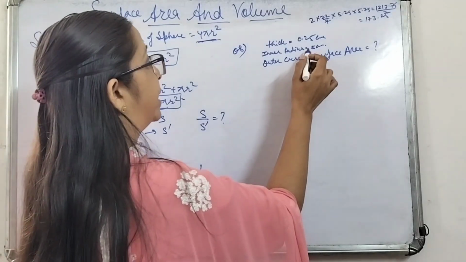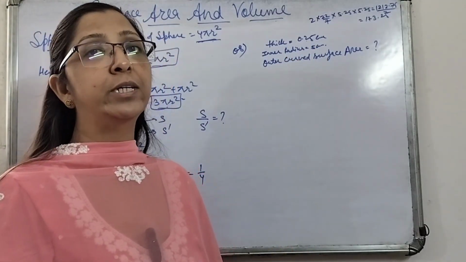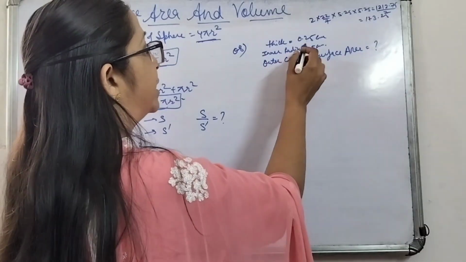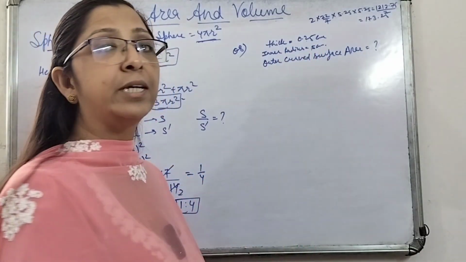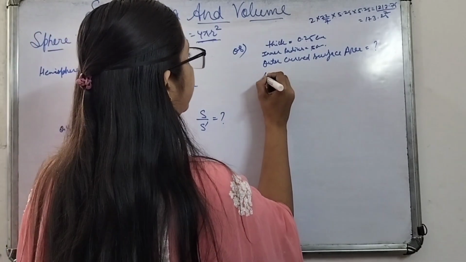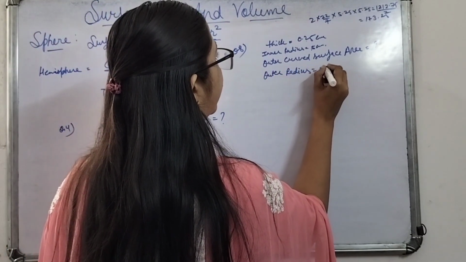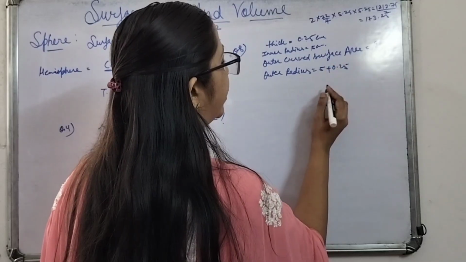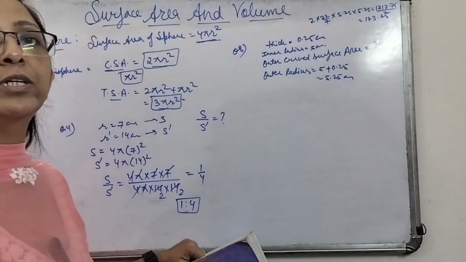If we add this thickness to the inner radius, we will get the outer radius. So outer radius will be 5 plus 0.25, that is 5.25 centimeter.